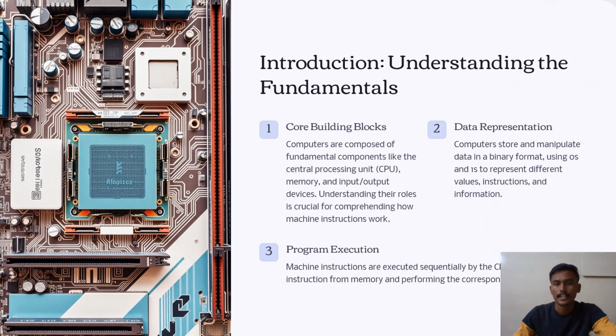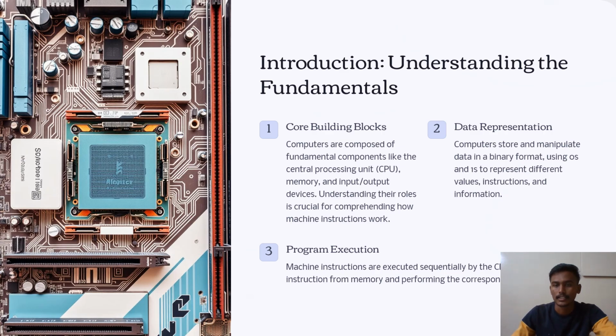Introduction. Understanding the fundamentals. Core building blocks, data representation, program execution. These are the fundamentals of the machine programs. Core building blocks. Computers are composed of fundamental components like the central processing unit, CPU, memory, and input-output devices. Understanding their roles is crucial for comprehending how machine instructions work.